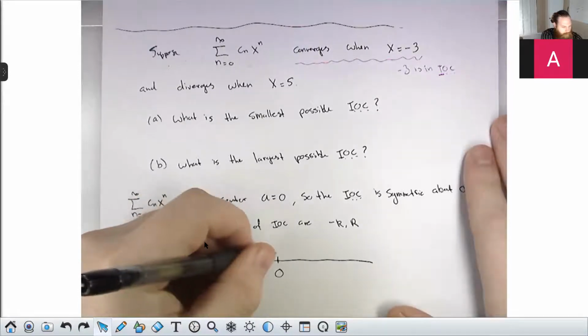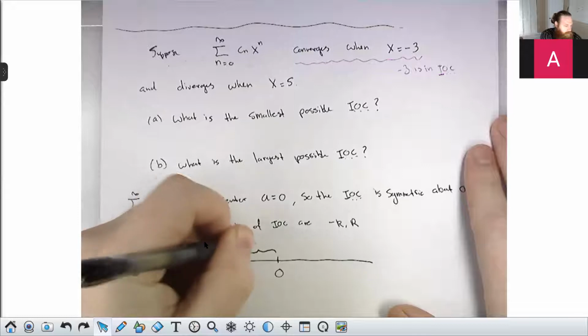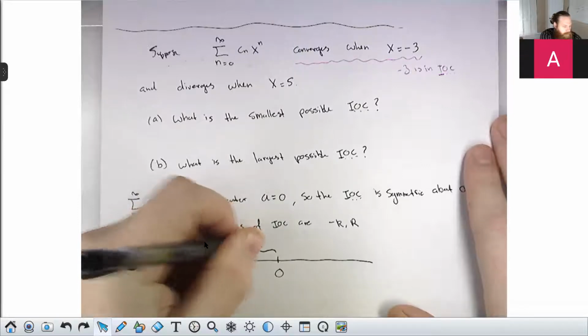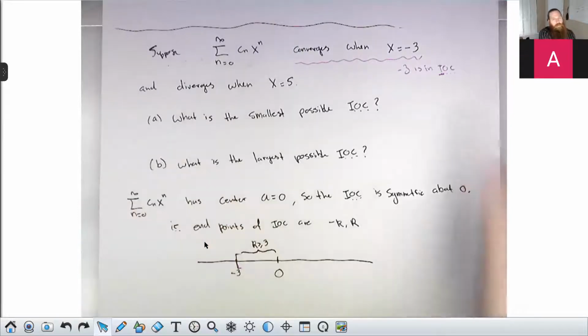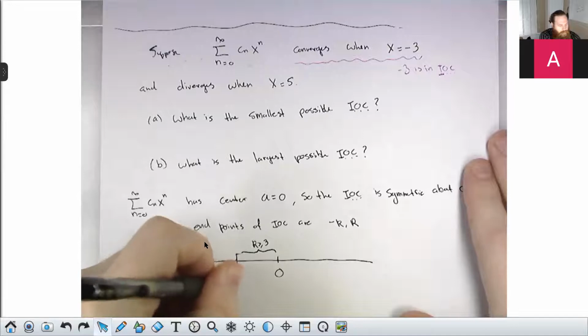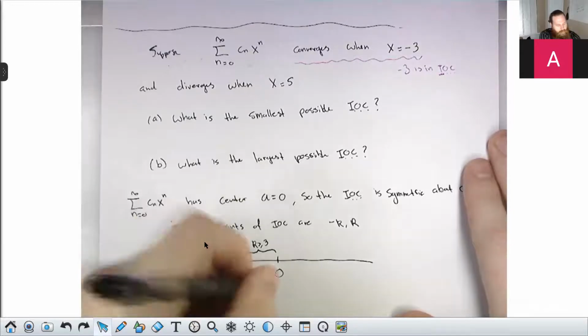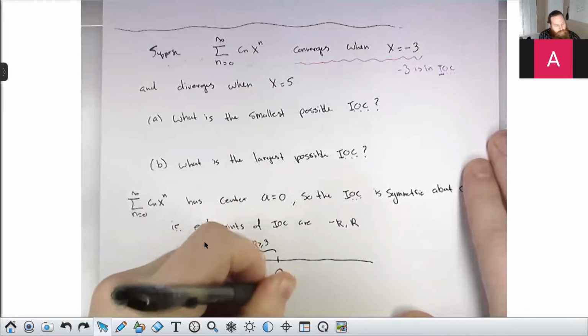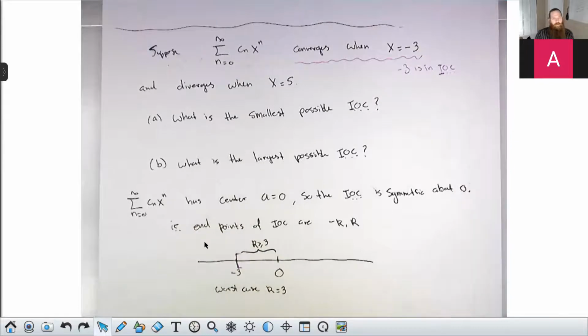In other words, we know that r, the radius of convergence, has to be at least 3. Could be bigger, but worst case, r is exactly equal to 3, and that endpoint negative 3 happens to be included.